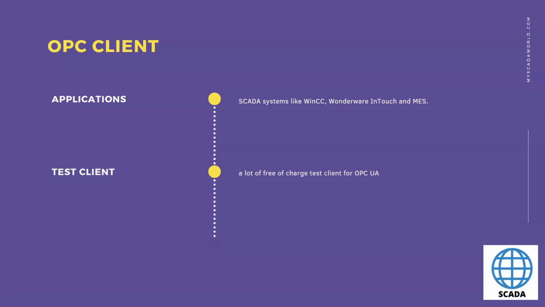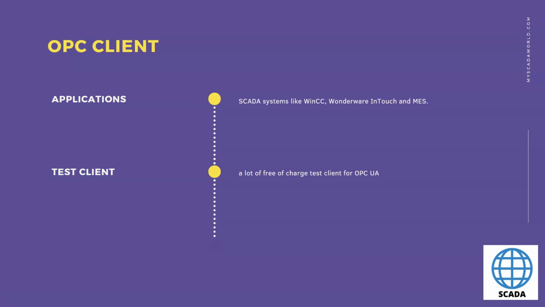And the second one: the OPC standard also gives us the possibility to use a test client. Test client is free of charge software. We can use this in our SCADA system. For example, when we don't have the SCADA system but we need to test our communication to the OPC server, we can put in the test client, check the communication, and check the possibility to read data from our OPC server.